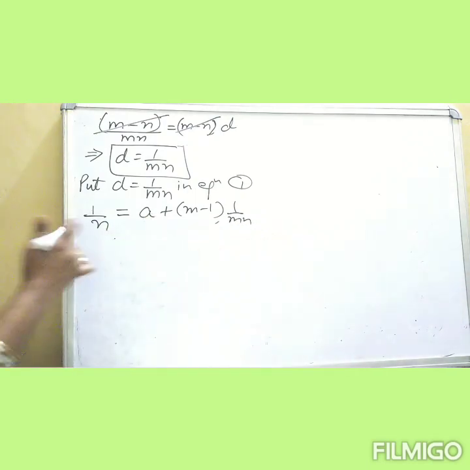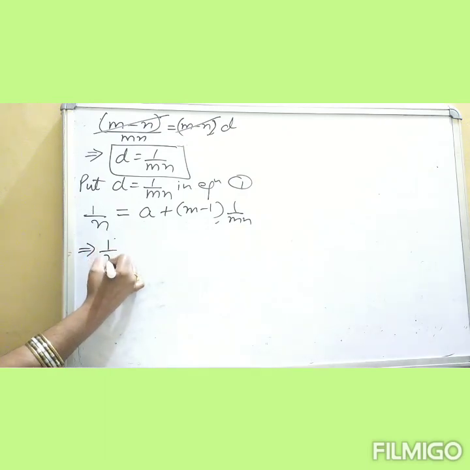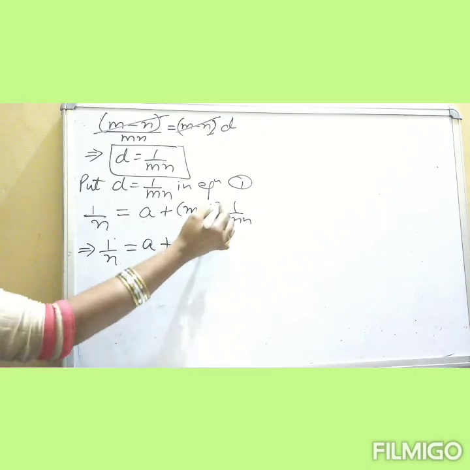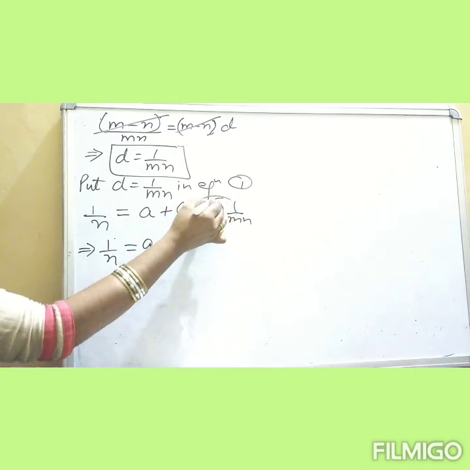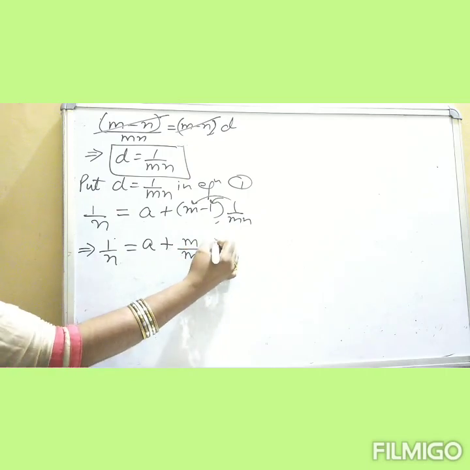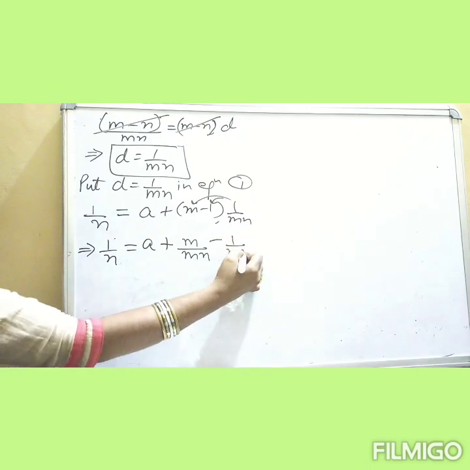This implies 1 by n equals a plus, multiplying inside the bracket, m by mn minus 1 by mn.